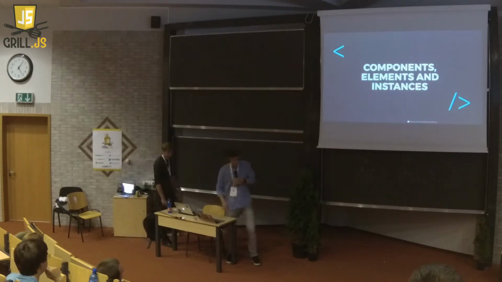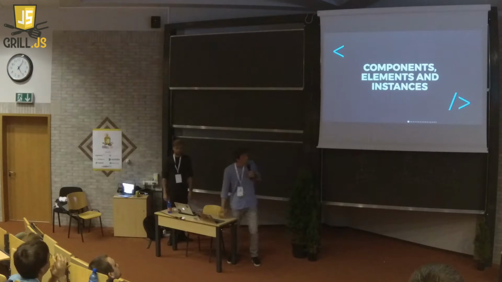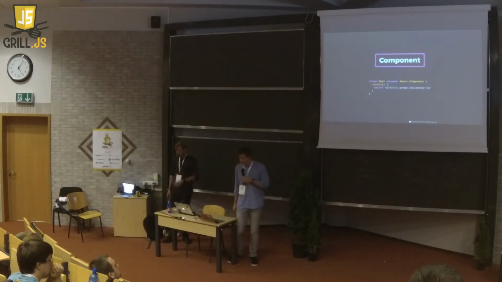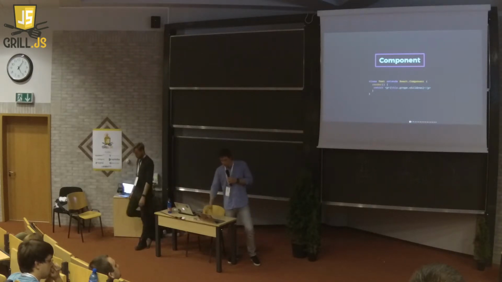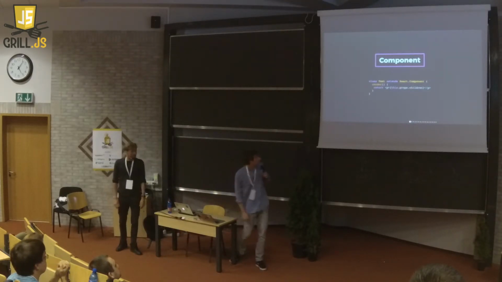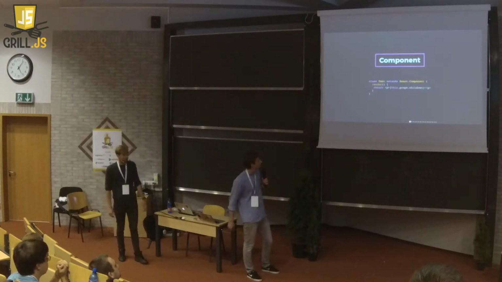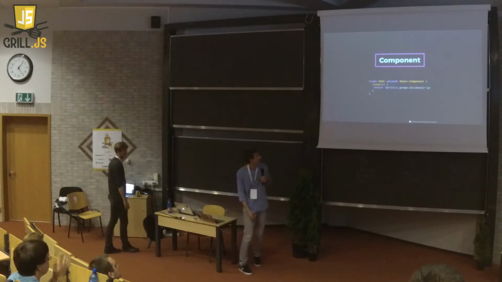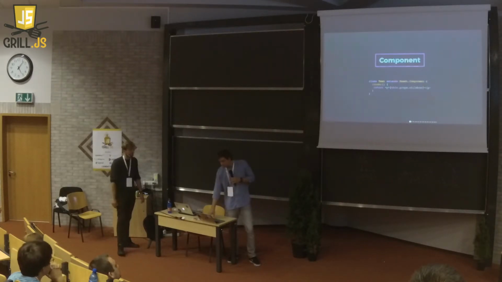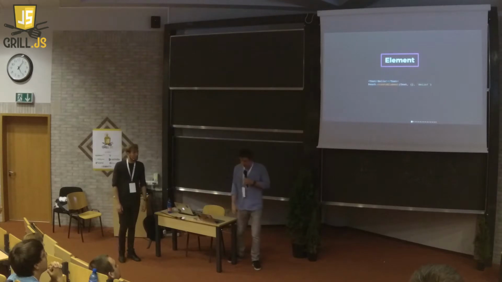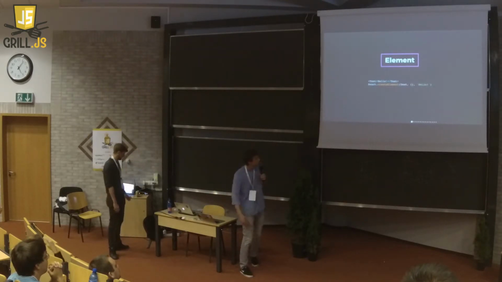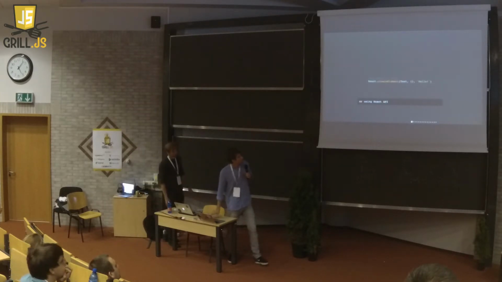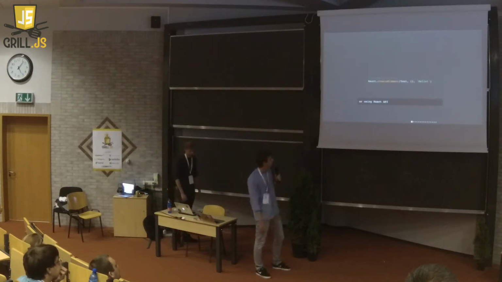But let's go to some terminology about components, elements, and instances, how it looks in the current stack reconciler, the current architecture in React. So yeah, probably most of you know that. It's the definition of a component, which uses the React API. It returns a p tag and the children. An element is what you get when you use JSX in your component, like here, or you call the React API React create element.